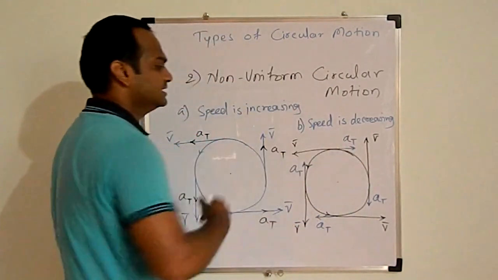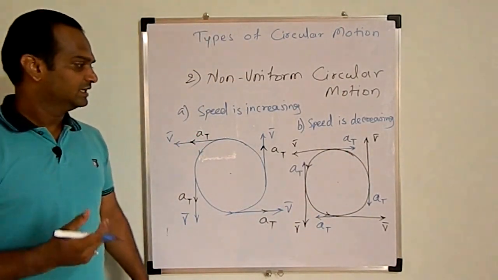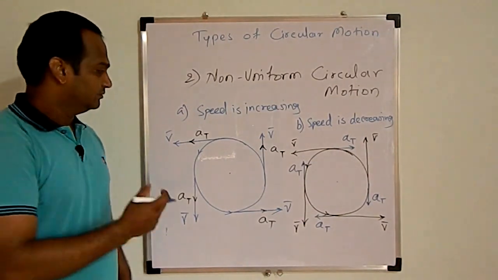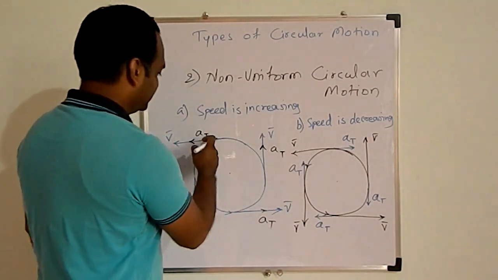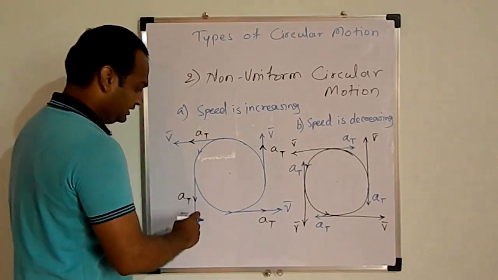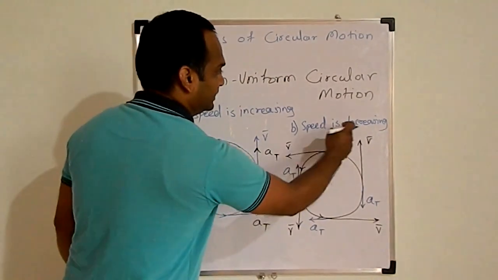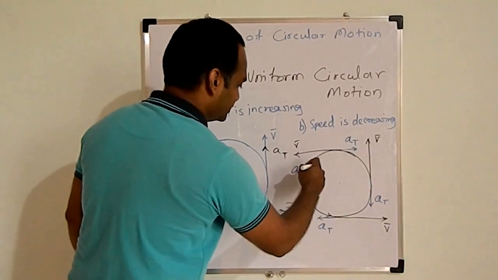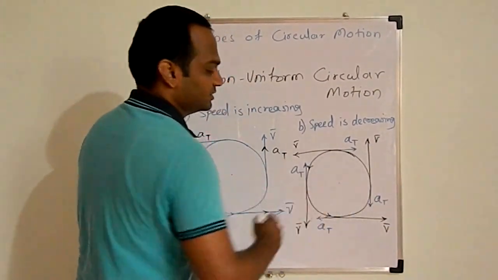So the acceleration is always tangential, but during increasing speed it is along the velocity, and during decreasing speed it is opposite to the velocity.